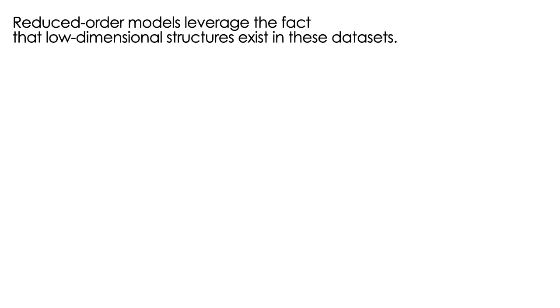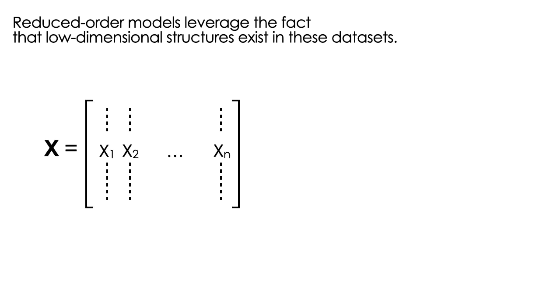But reduced order models leverage the fact that very often in those high dimensional datasets we have some strong low dimensional structures, and the reduced order models aim at finding those structures and representing the dataset with a smaller number of parameters.